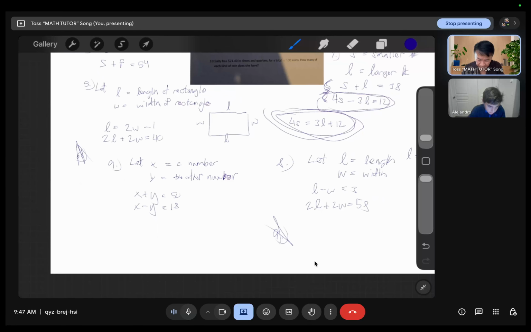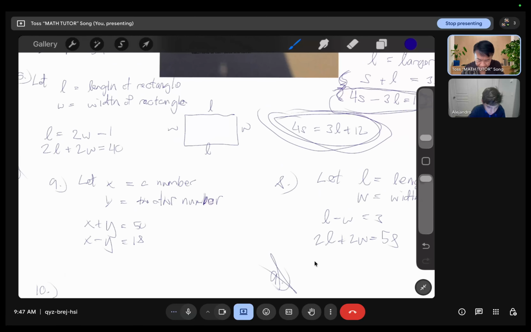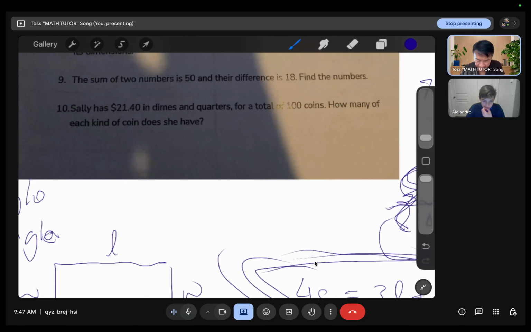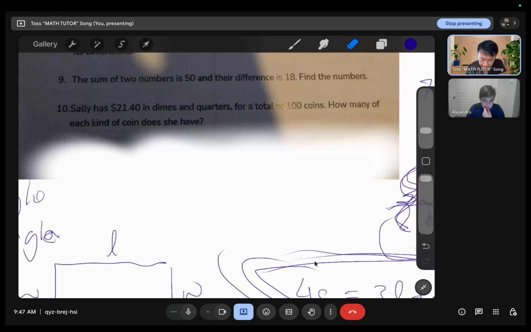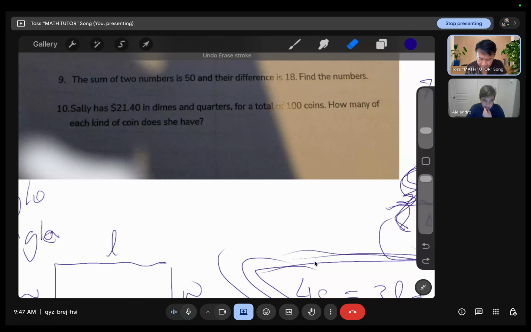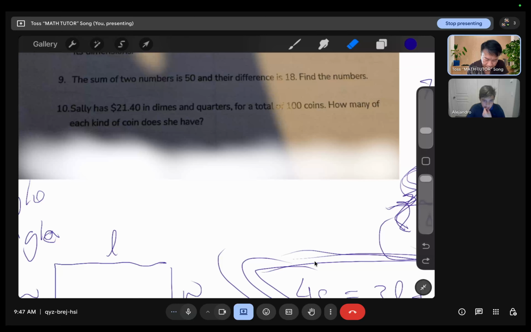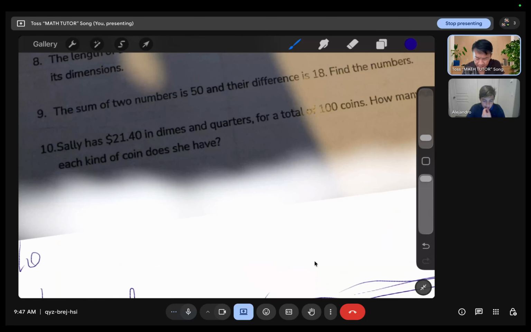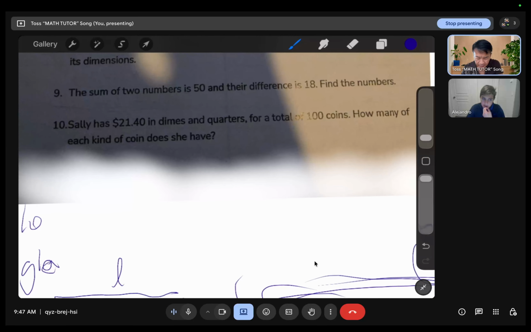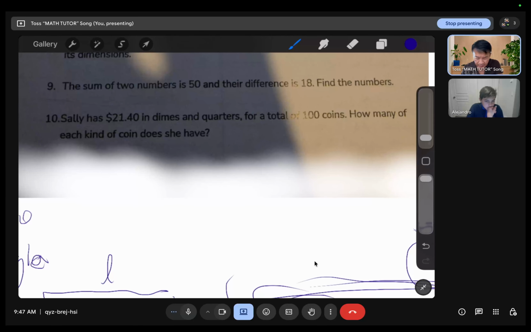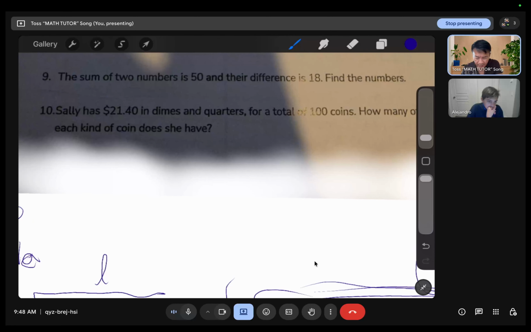Now let's look at the last one. All right, number 10. Sally has dimes and quarters. How many of each kind of coin does she have?